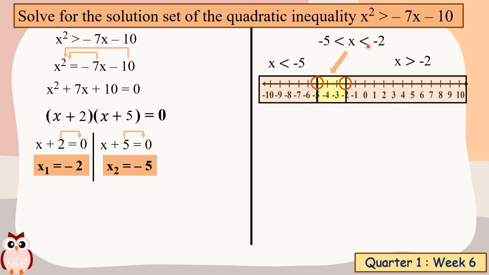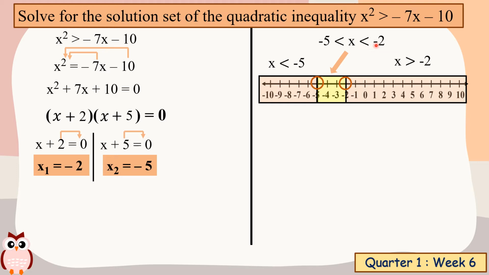Laging ganito po yung symbol or yung pattern natin. Ang mababago lang po, yung unang isusulat natin is the lower root, which is negative 5. And then, dun sa last naman po is the highest root that we obtain, so that's why you have here negative 2. Again, whenever we write the inequality of this kind of graph, ito lagi yung pattern.